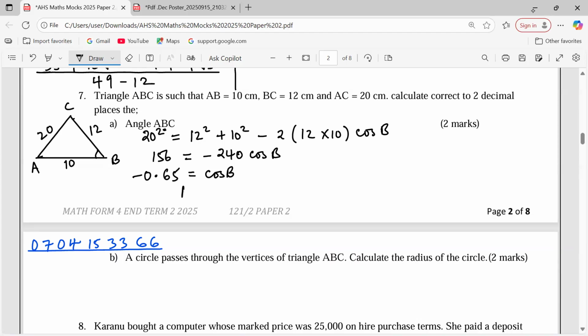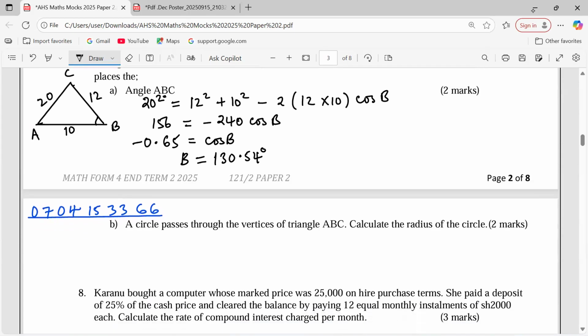And how shall you remain with B? By finding the cos inverse. Shift cosine of this value. I'm getting 130.54 degrees. So that is the angle that we wanted.